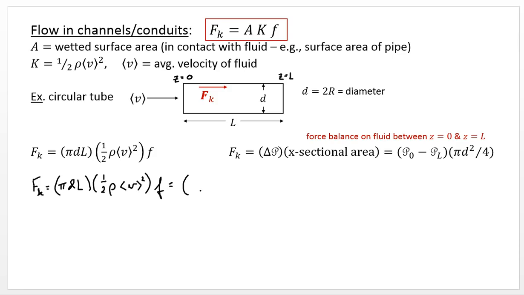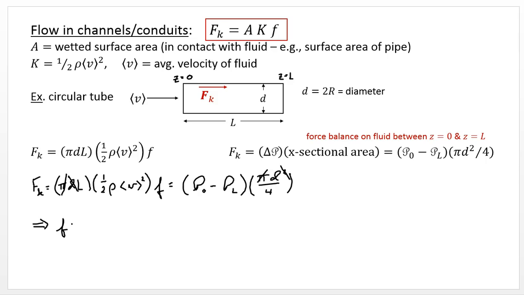We have the difference in pressure, so the dynamic pressure at z equals 0 minus the dynamic pressure at z equals L, multiplied by pi d squared over 4. So we can simply cancel out a factor of pi from each side, and one d cancels this d here, and then we can solve this equation for the friction factor f.